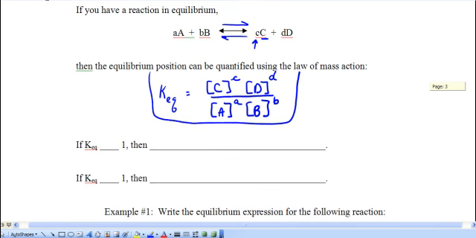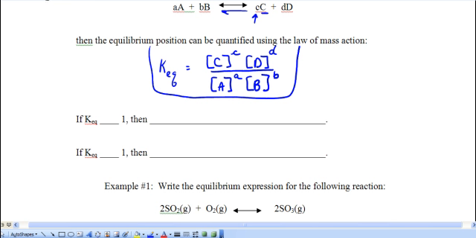Now let's talk about what this means. KEQ, our equilibrium constant, if that is greater than 1, well, let's start with less than 1. If KEQ is less than 1, what does that mean? Well, it must mean that the denominator is larger than the numerator. And if the denominator is larger, that means that you have more reactants and fewer products.